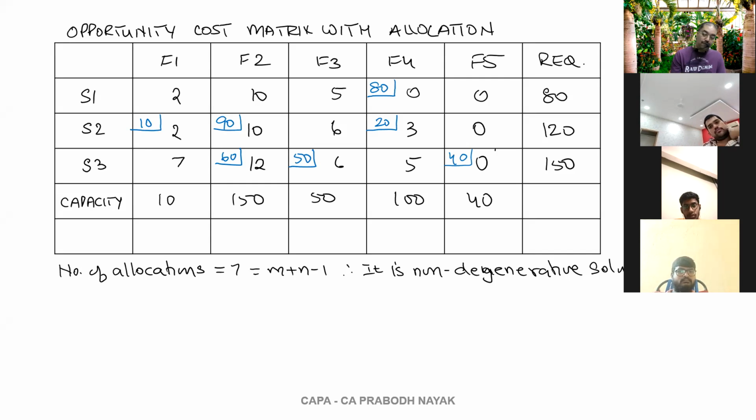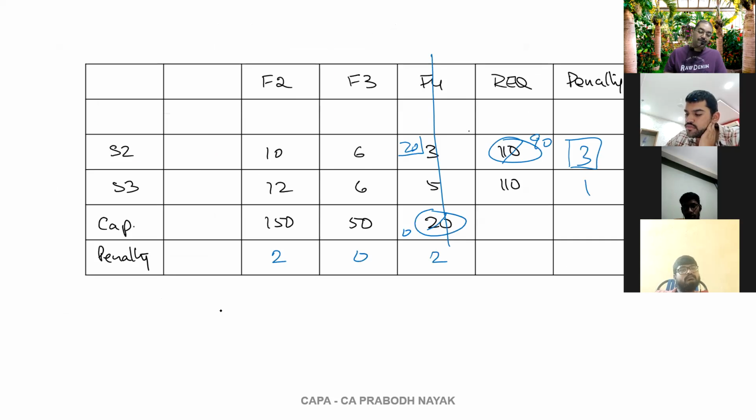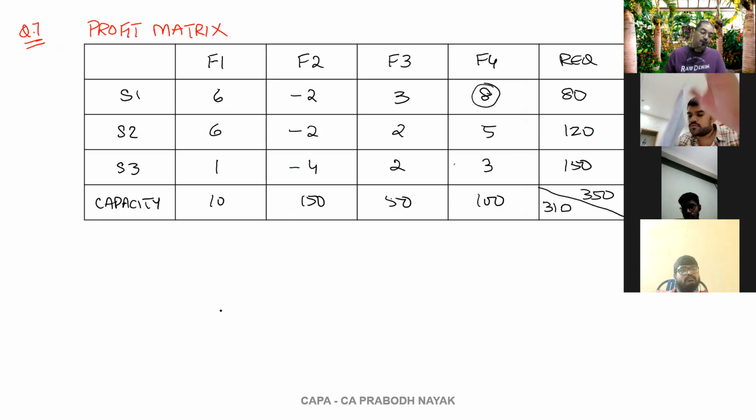Okay. So maximum profit, write down here, maximum profit is equal to, let us write column wise. First column F1, I'm having 10 in S2 F1. So 10 into, let us go to the profit matrix, 10 into 6. This 6 is the profit in that cell.